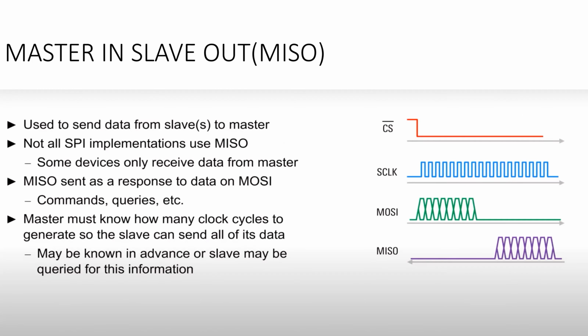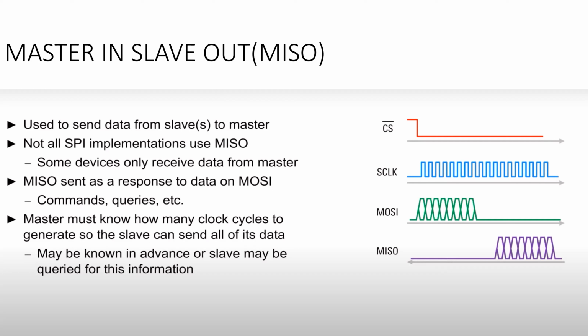It is used to send data from slave to master, and not every SPI implementation uses the MISO. In some particular applications we just have flash memories and LED screens. If we are using only LED screens, the LED screens will just receive the data, process it and display it on the screen.